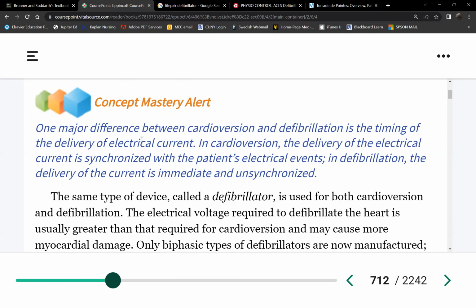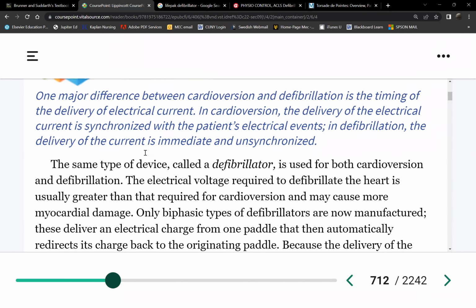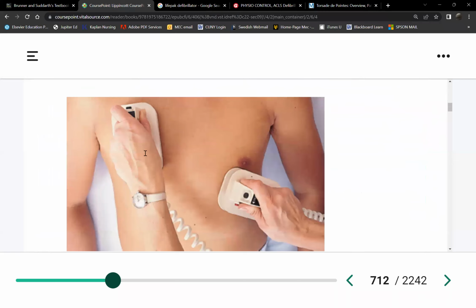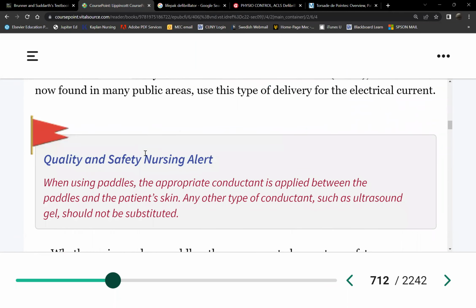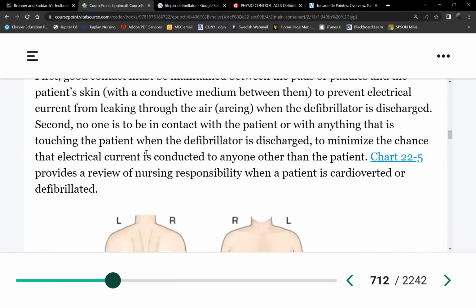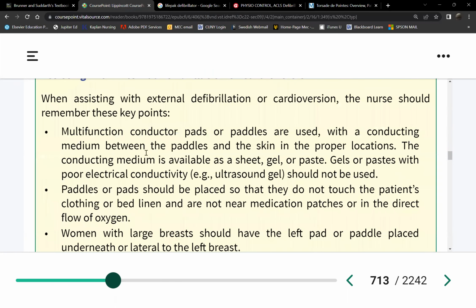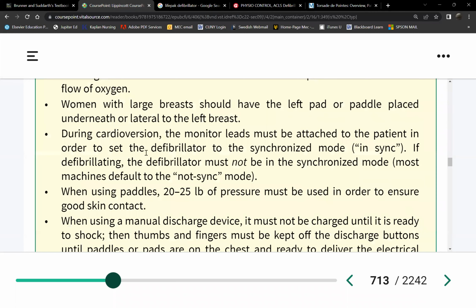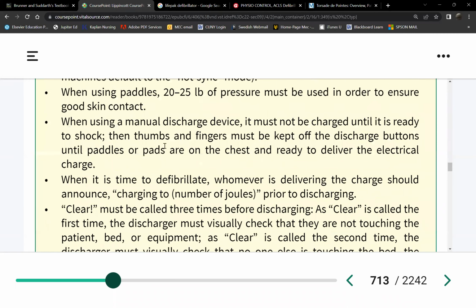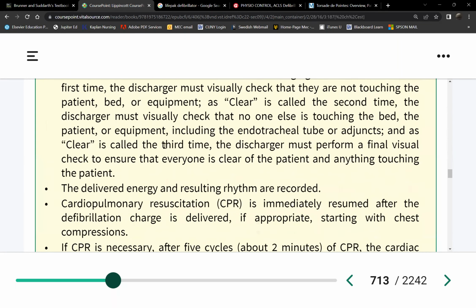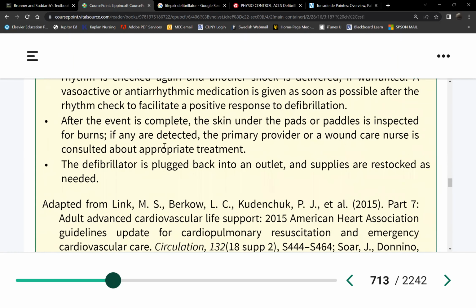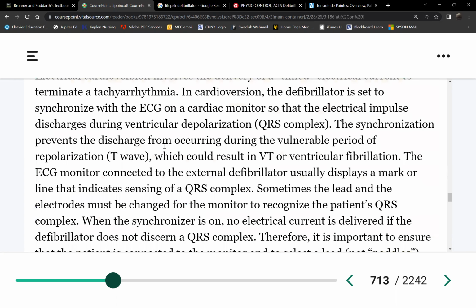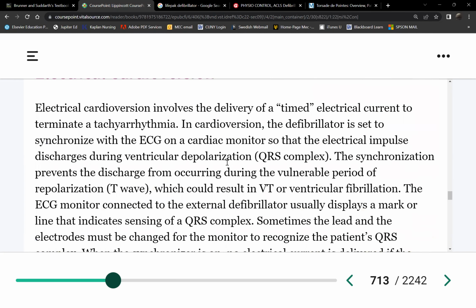It synchronizes first, and then it will deliver the shock at the peak of an R wave. At the peak of an R wave. Right here. It's right here, electrical cardioversion.